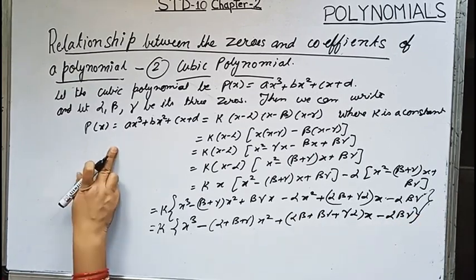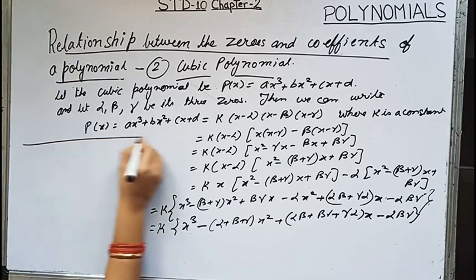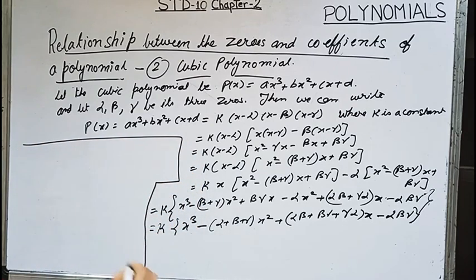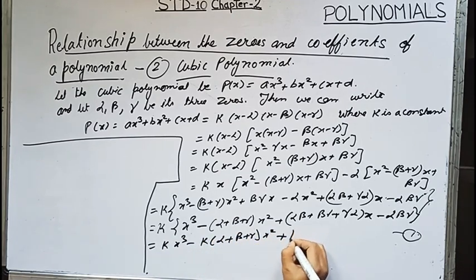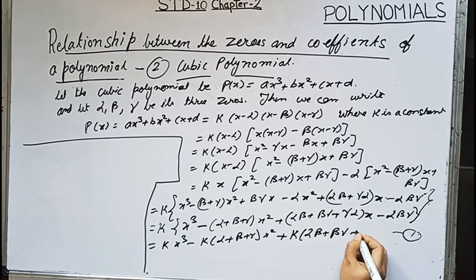Now equating the like terms. You can expand the bracket over here: kx^3 - k(alpha + beta + gamma)x^2 + k(alpha beta + beta gamma + gamma alpha)x - k alpha beta gamma.